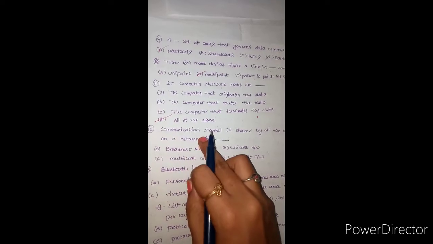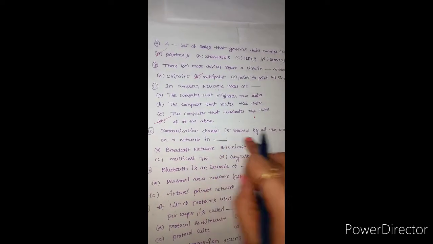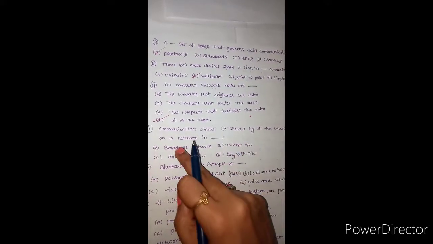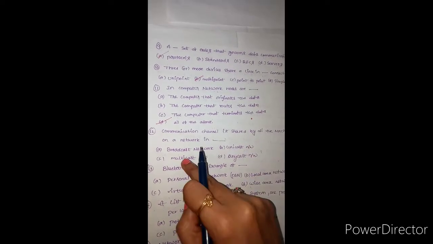Next one, the communication channel is shared by all the machines on a network in dash. Option A broadcast network, option B unicast network, option C multicast network, option D anycast network.